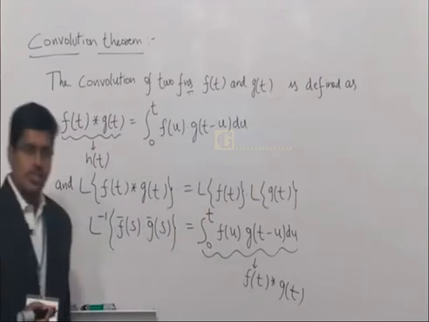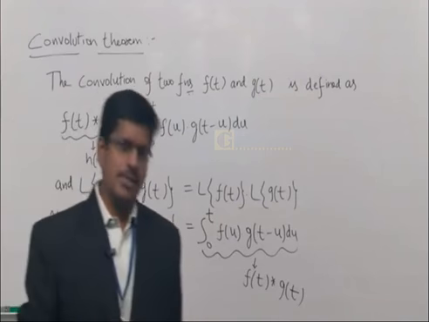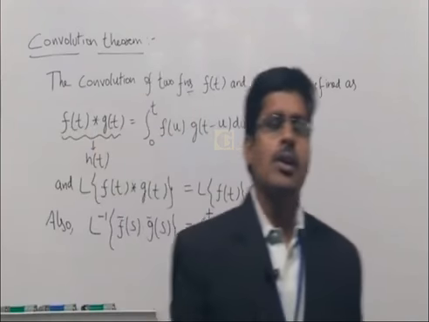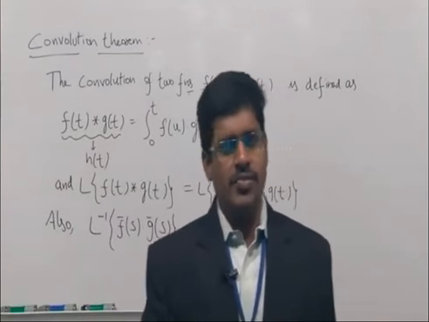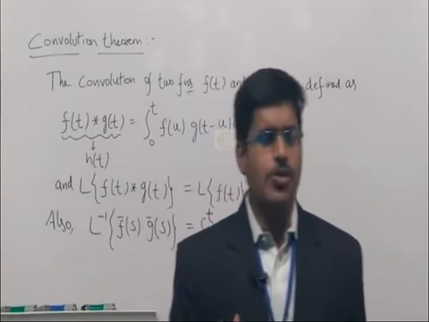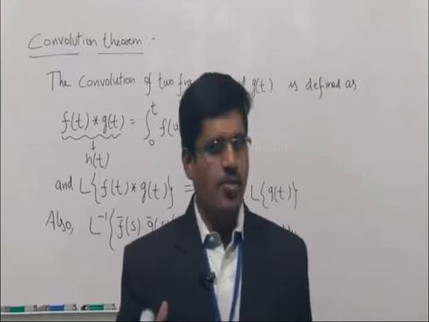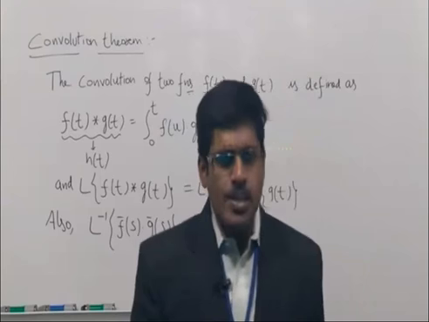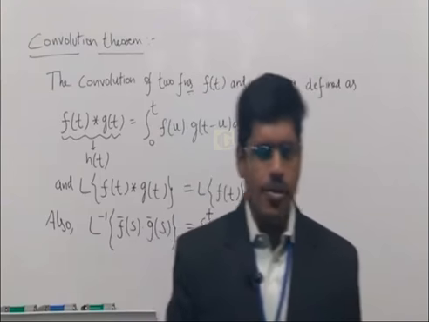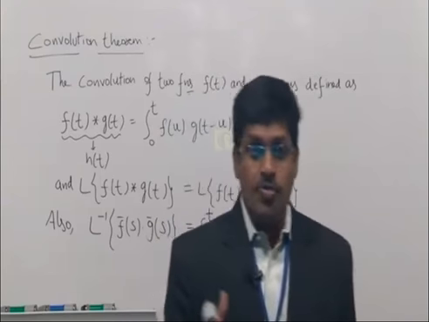So the Laplace of convolution of two functions is equal to the product of their Laplaces, and in inverse it is useful for the inverse of a given function where the given function is written as the product of two known functions of s. One is f bar s and the other is g bar s. What are these f bar s, g bar s? I told you, known functions of s.